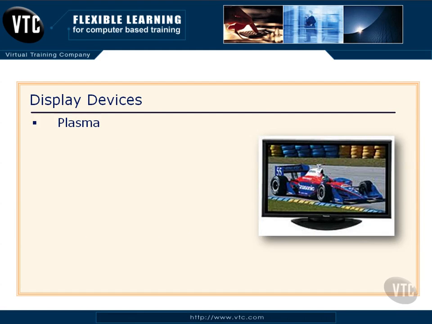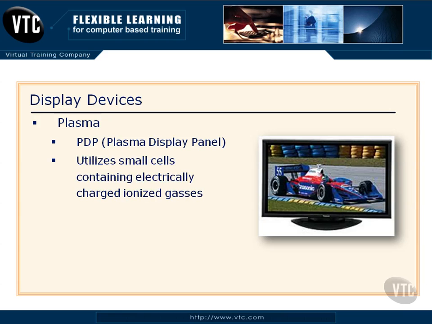Now plasma, this was one that came out very early, and this could also be referred to as a PDP, a plasma display panel. This utilizes small cells that contain electrically charged ionized gases. And if that sounds familiar, just think small fluorescent lamps. That's exactly what we're looking at here. Plasma is still out there, and it still gets a lot of people's attention. Different people look at plasma panels and say, wow, that looks really good, it looks really sharp, and they like them better than LCDs or LEDs.